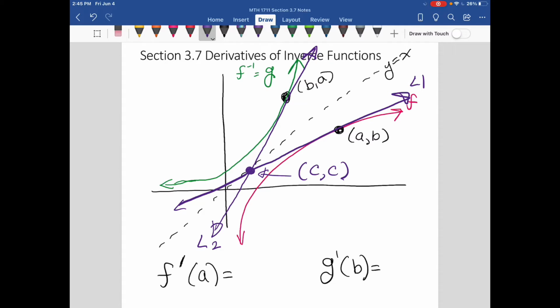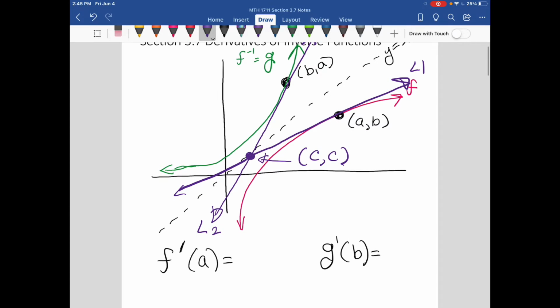So if I wanted to find the slope of the tangent line L1, the slope of a line is just the change in y over the change in x. And I have 2 points on L1. I have the coordinate AB, and I also have the coordinate CC. So I'm going to use these 2 points.